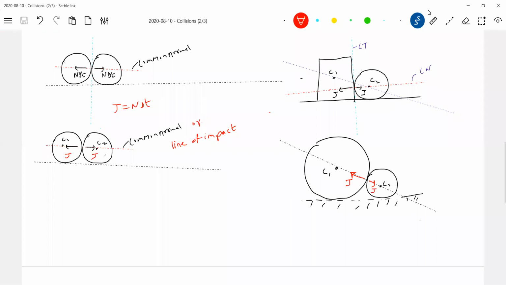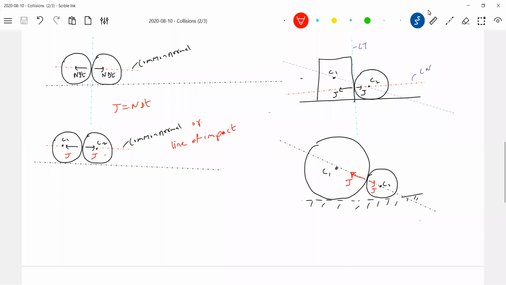So in an entire collision, this line of impact becomes very important because along that direction only the impulse will be acting. The direction along which the impulse acts during collision is called the line of impact. They may test with all these basic things.